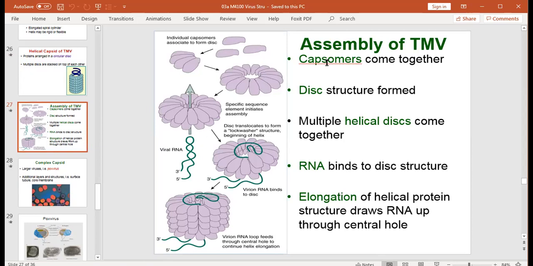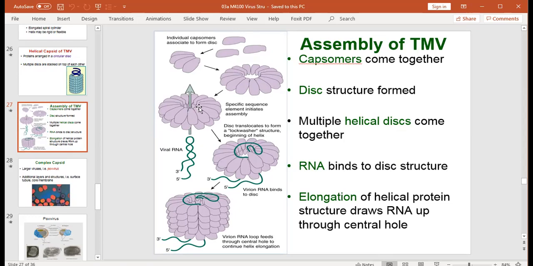Initially, individual and single yet identical capsomers will associate with each other to form a disc structure. And multiple discs will stack on top of each other to start forming a cylinder shape.